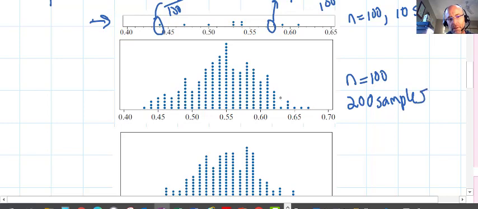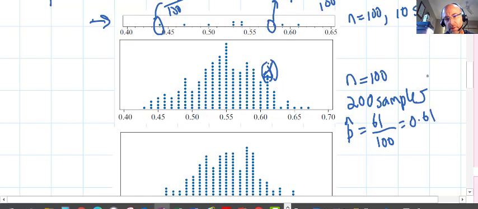Take the one right on the top, that's at 0.61. That would be an individual sample of 100 where 61 in that sample had the characteristic that we're after, giving us 0.61.